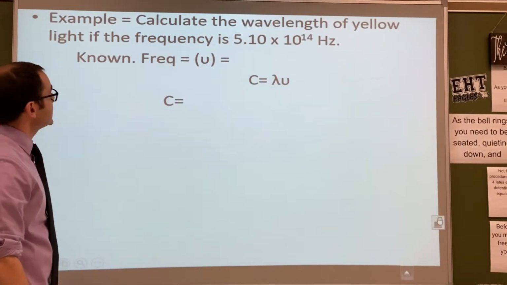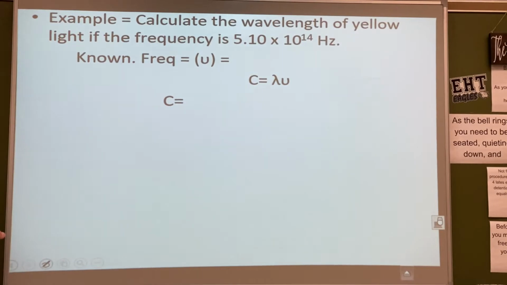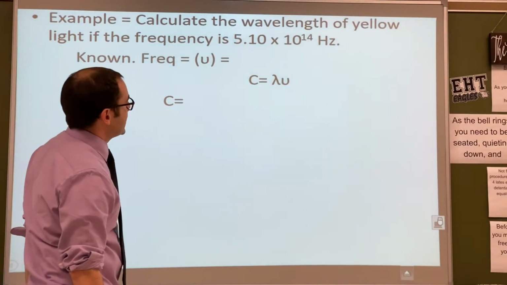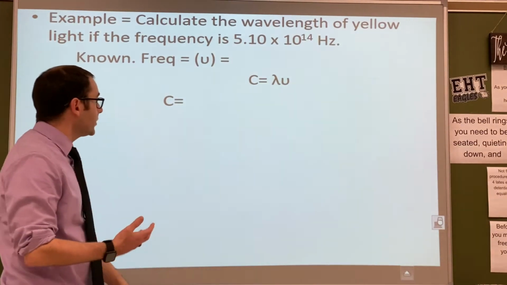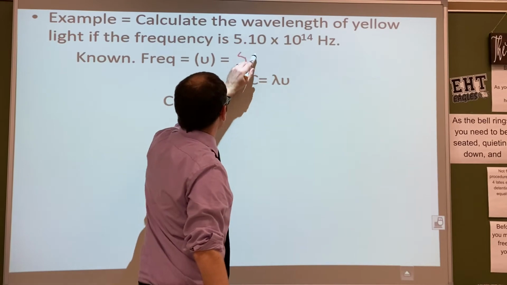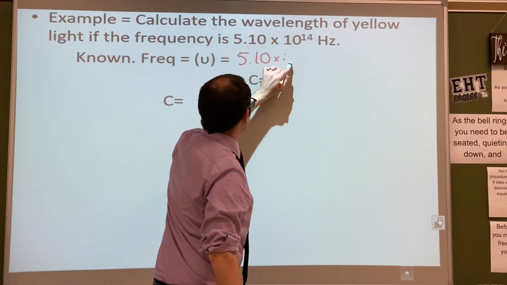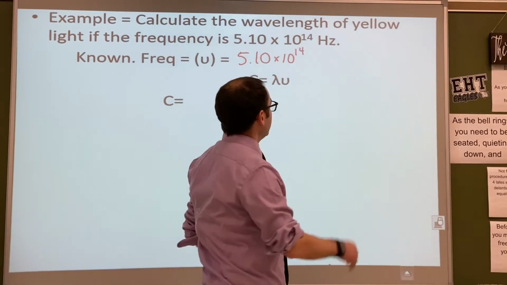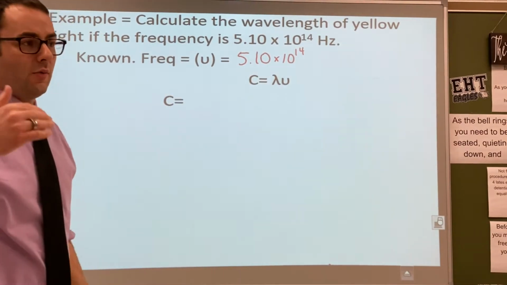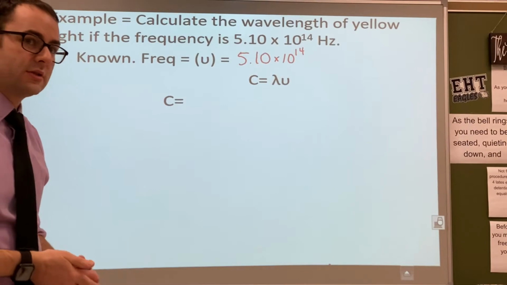First, it says calculate the wavelength of yellow light if the frequency is 5.1 times 10 to the 14th hertz, all right? What do we know? We know the frequency because they just gave it to us. Now, instead of writing it in hertz, why would I write it in one of the other forms instead of Hz?